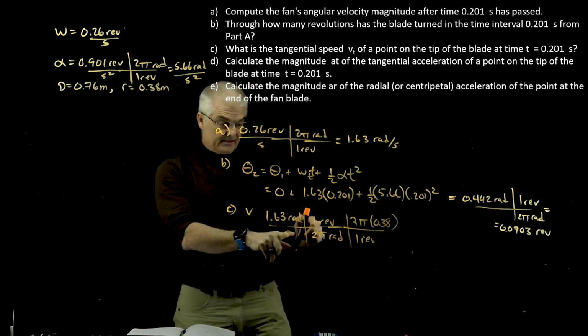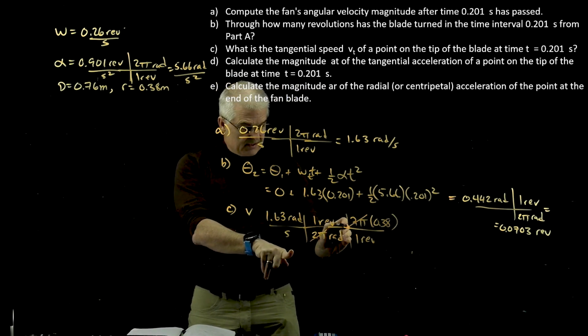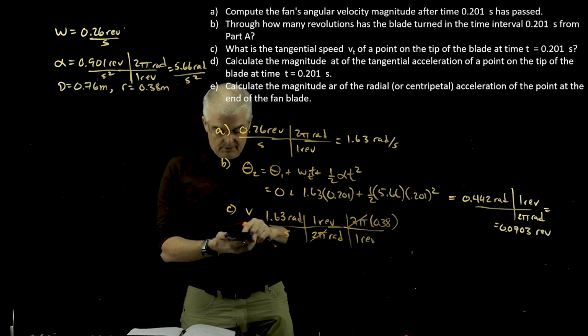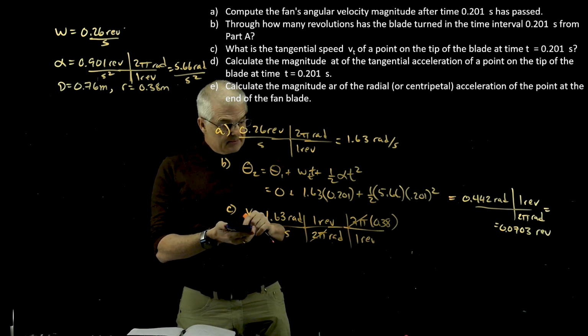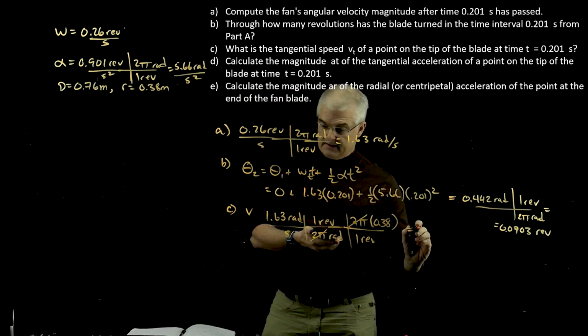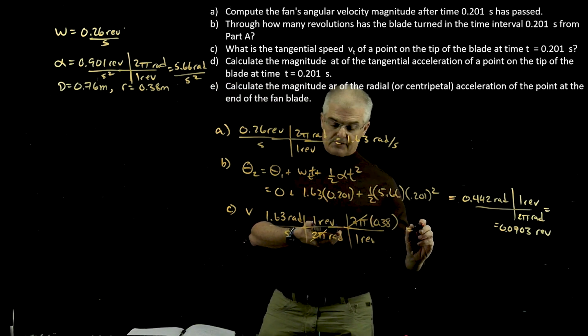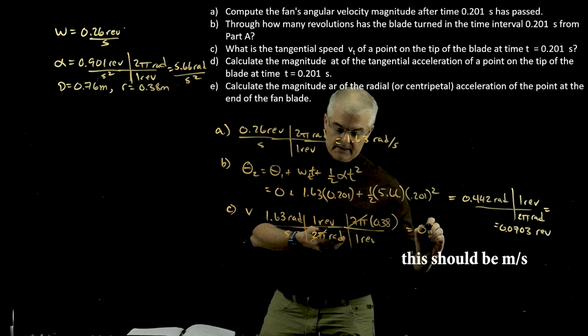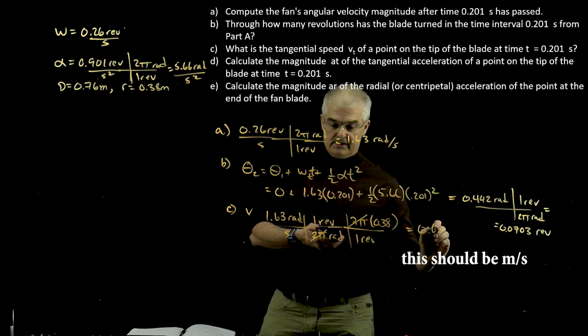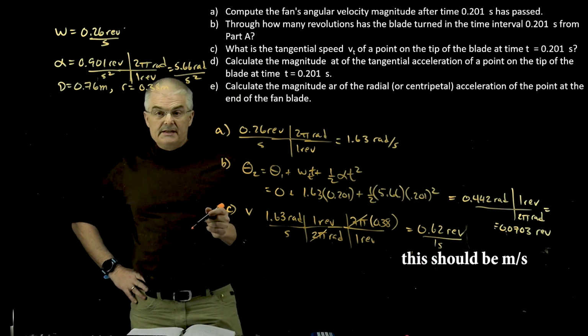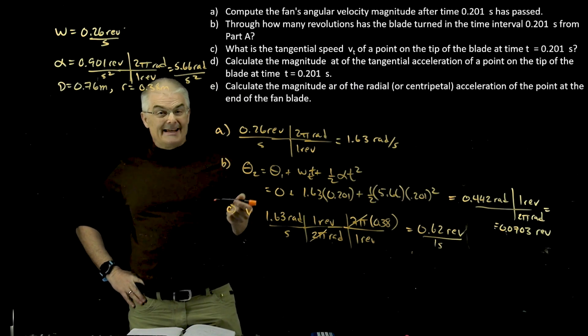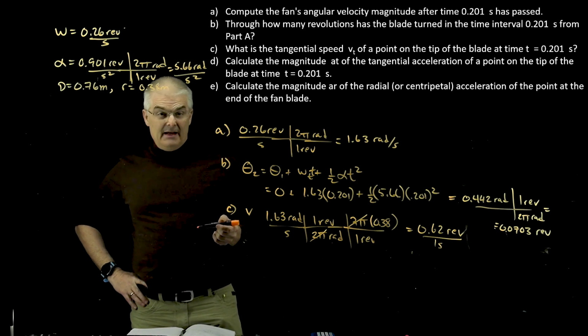Now, I don't know if you realize this, cool neat beans here, the 2 pi's actually cancel, so I'm going to take the 1.63 and times it by 0.38, and I get, not 0.63, 1.63, I get 0.62.